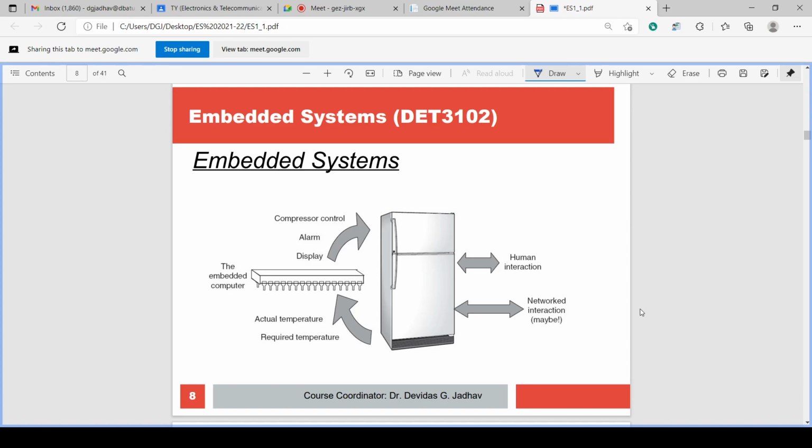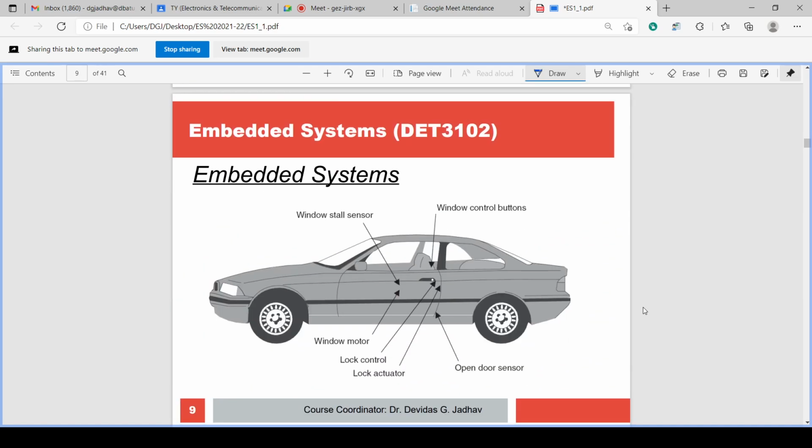This is the embedded system. Another embedded system example is the car. As we know, this is the IC engine car, the internal combustion engine car, which runs on petrol, diesel, ethanol, CNG or LPG, etc.